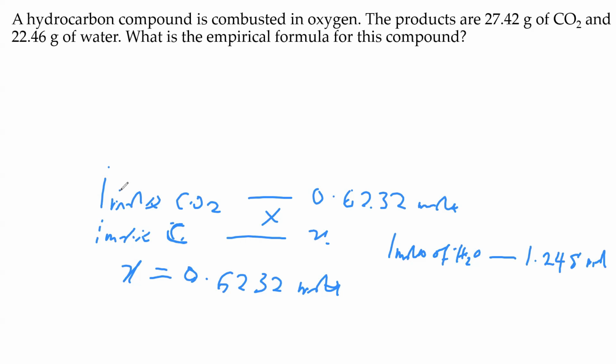For a complete formation of water molecules in a balanced equation, we have to have 2 moles of hydrogen. So we cross multiply, and X in the case of water is going to be 1.248 times 2, which gives us 2.496.